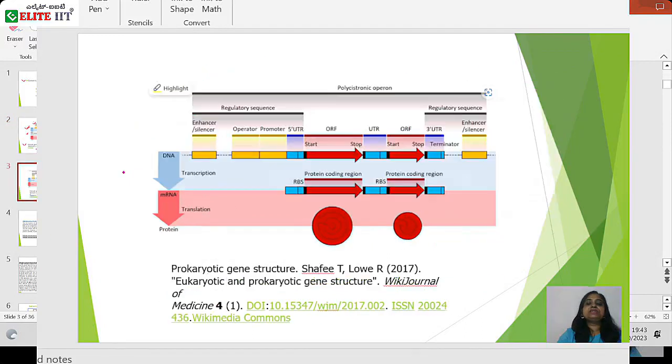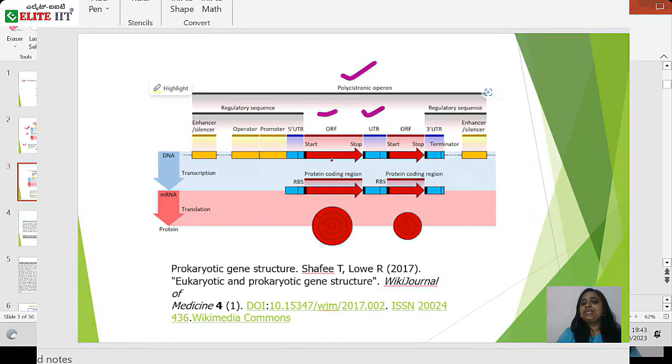But in the prokaryotic system, this is known as the polycistronic operon. In that case, regulatory sequence will be there, as well as open reading frame and UTR region. Here also the same thing: regulatory sequence, UTR and open reading frame.